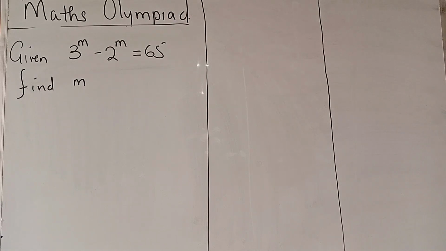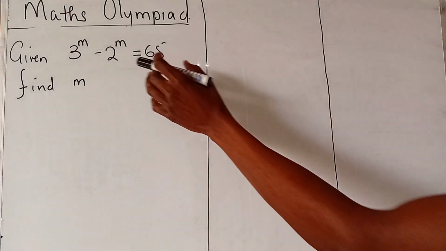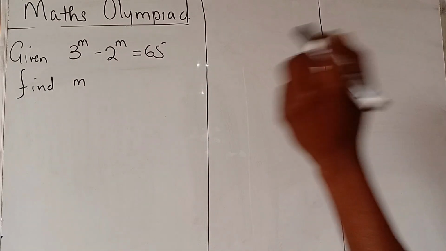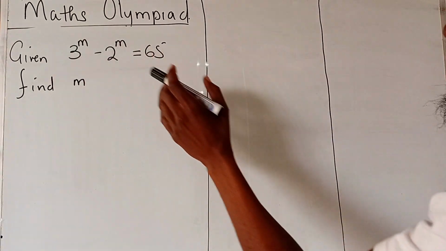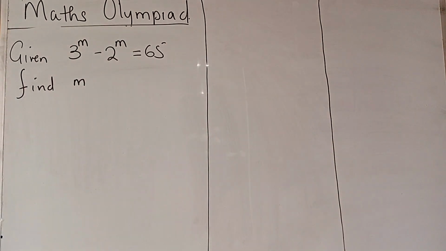So what if I square both sides, but the way I square, it's not going to affect the 65? How am I going to square it? Perhaps I'm going to apply what we call a false one.